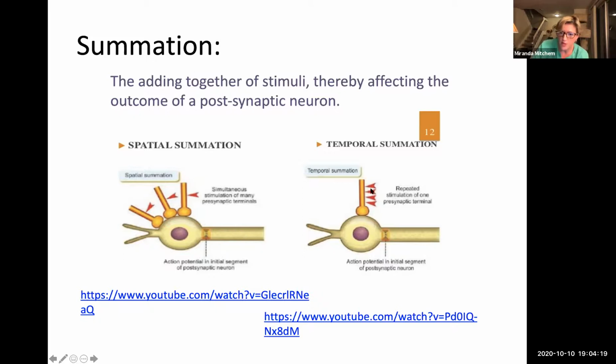Whereas with temporal summation, it is the same signal hitting over and over again, separated in time. Temporal is time. Hopefully if it happens close enough, it's enough to boost us up above threshold. Let's take a look at these videos.